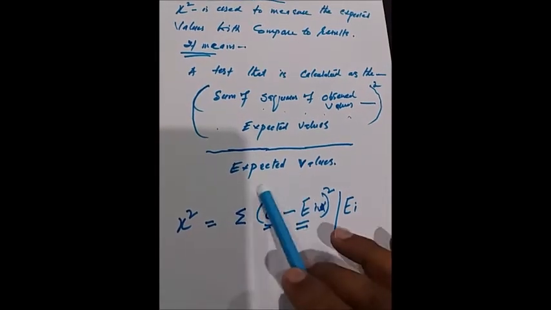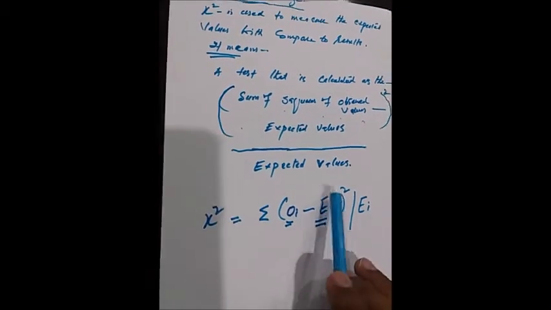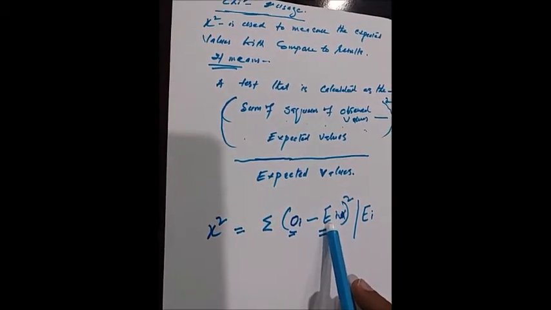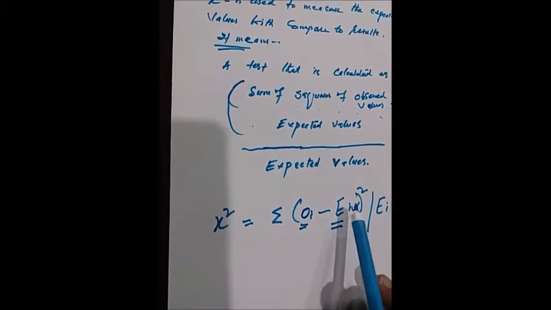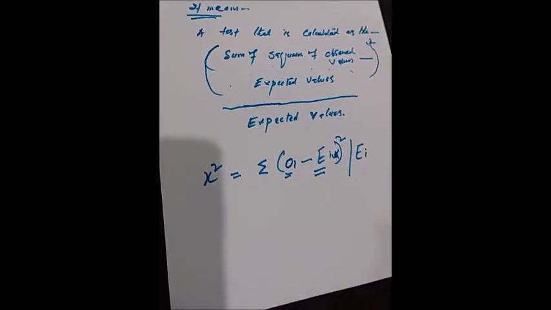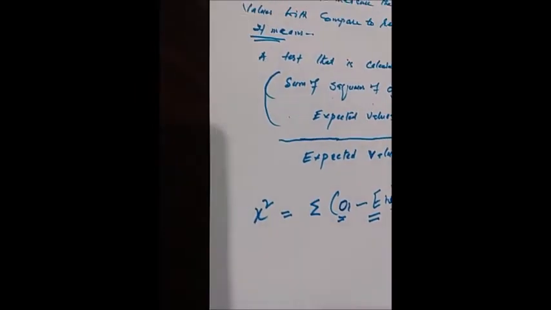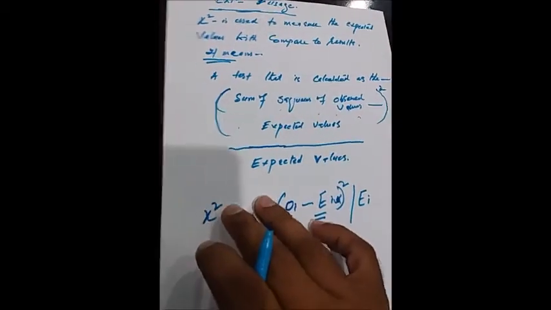Here OI is the observed frequency for the ith category, whereas EI is the expected frequency for the ith category. Now consider an example of the chi-square test.